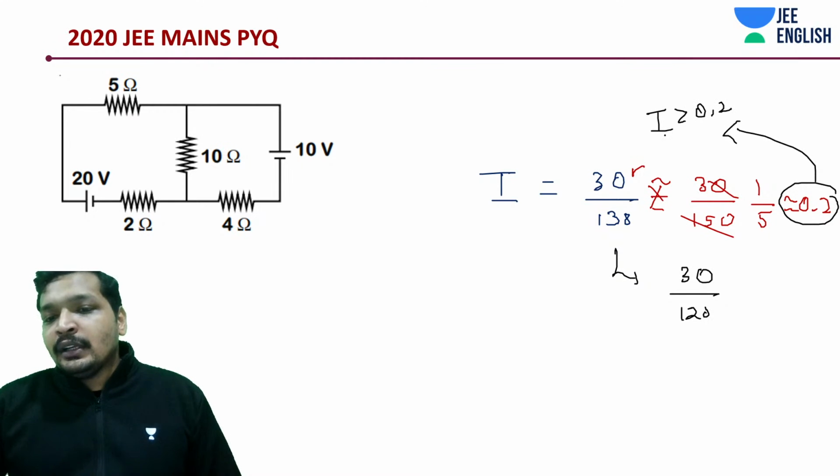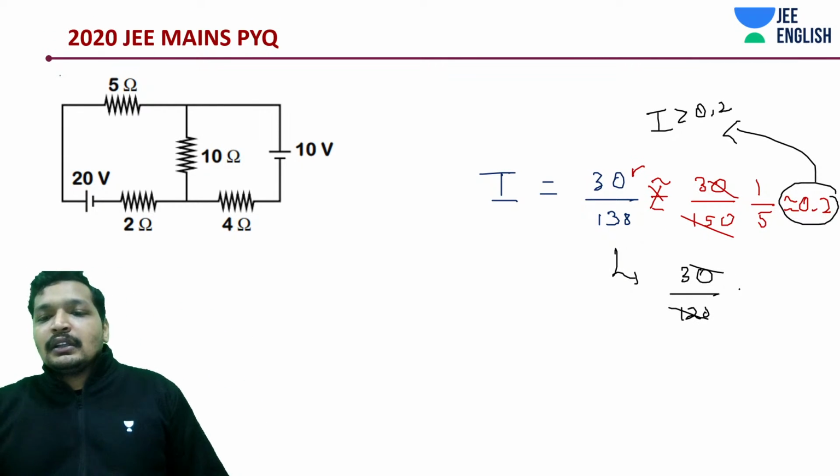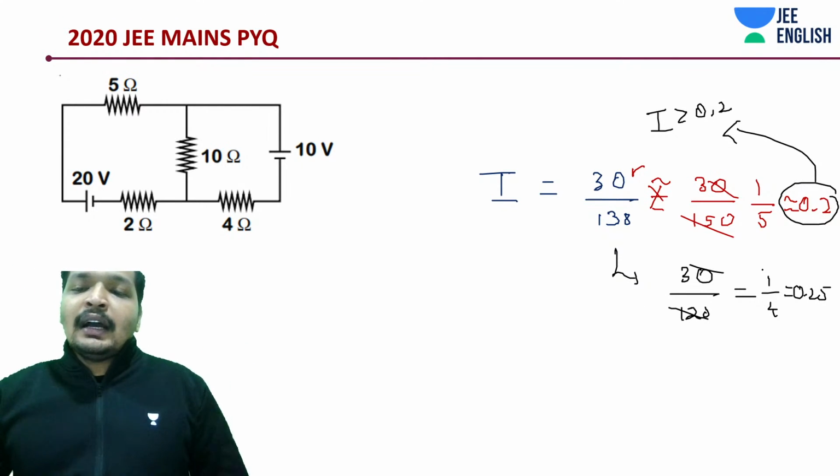You understood that point? And now I reduce the denominator. Now your I should lie between them. How much is this? This is 1 by 4. 1 by 4 is how much? 0.25.